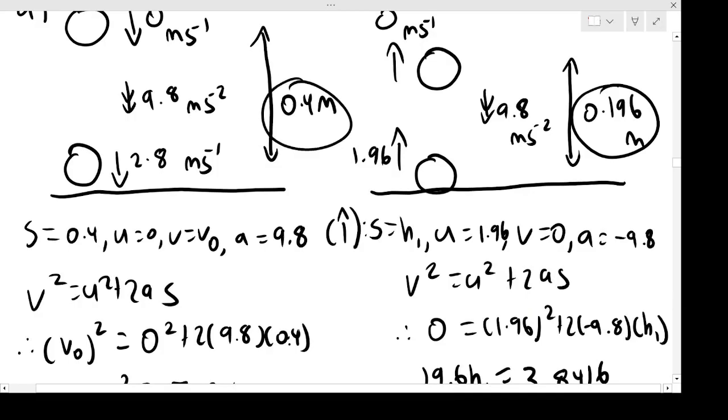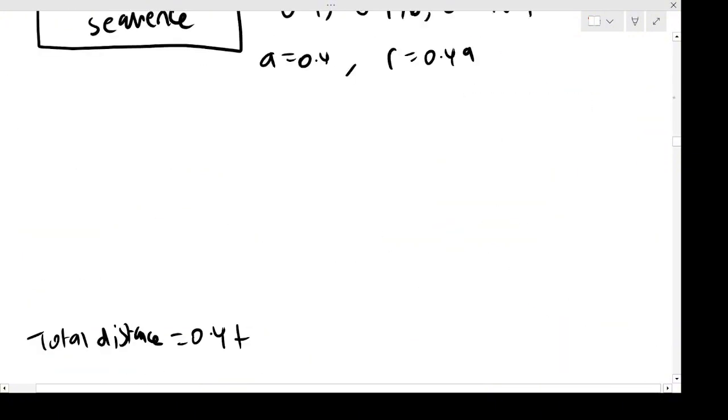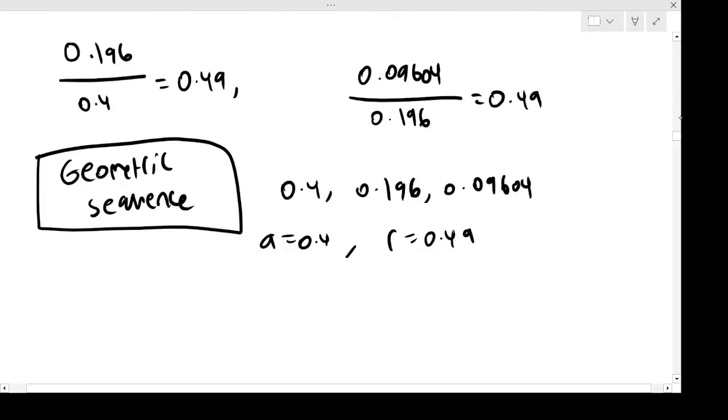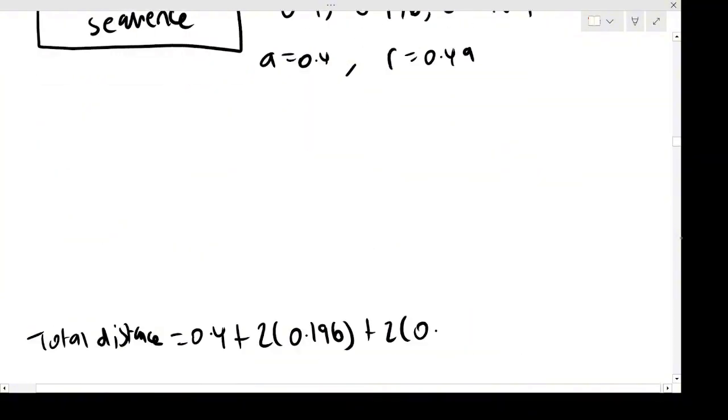So see it here. I drop down by 0.4, but then I bounce up by 0.196, then I drop down by the same height. So I'm going to need to double the 0.196 because I'm going to go up then down. Then I'm also going to go up and down by the next height, 0.09604, right?